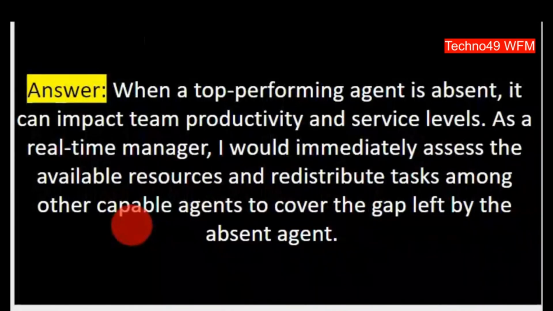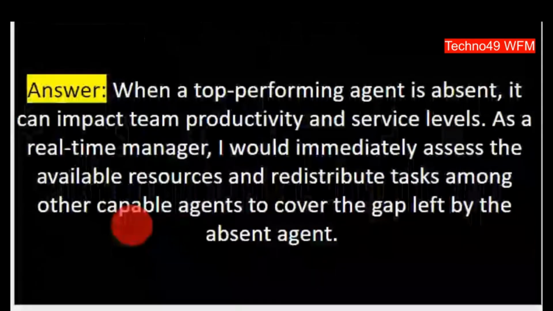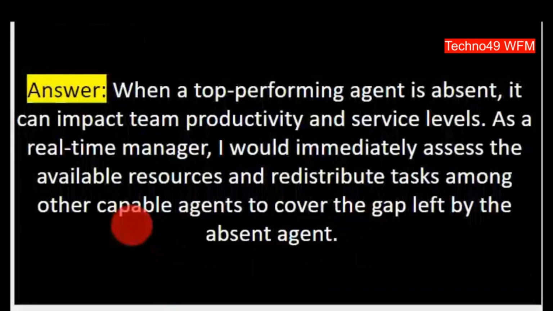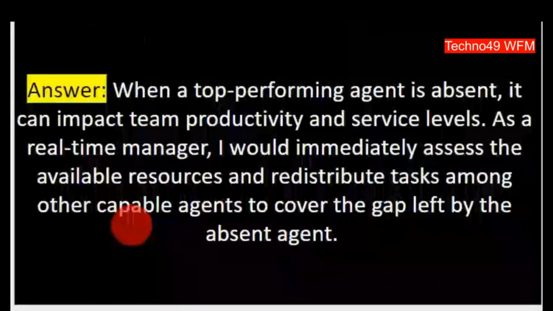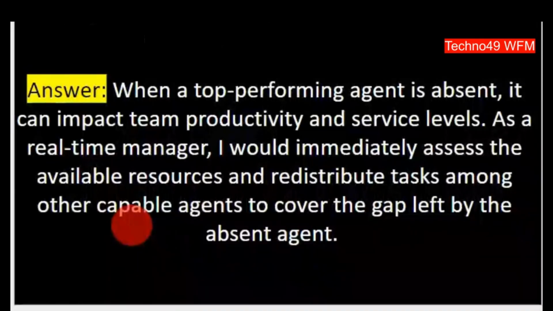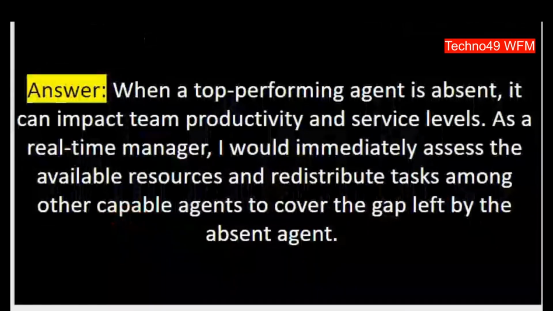That will definitely help maintain a good balance, because you will not be dependent on one person, and the tasks can be redistributed to other people. That will help you fulfill any gap that may be created if your top performing agents are absent for any reason.